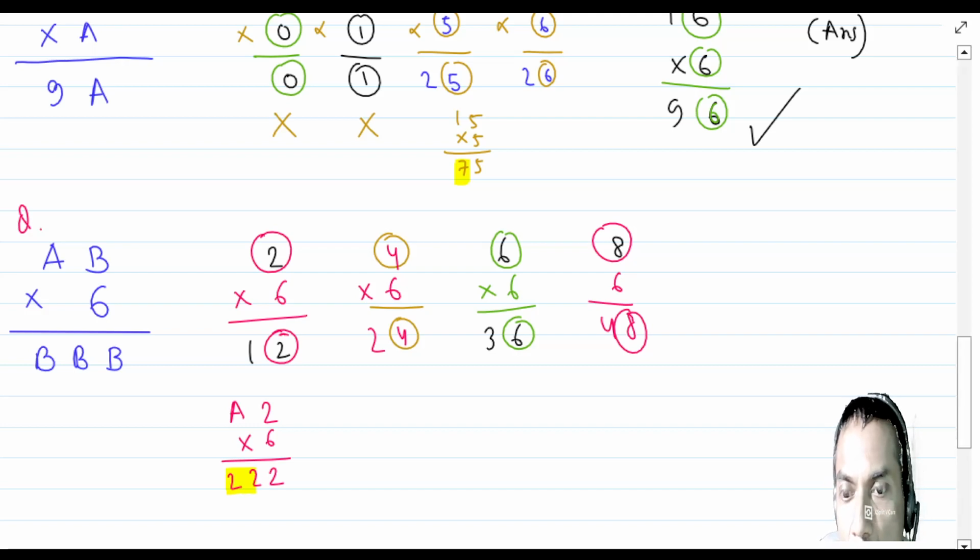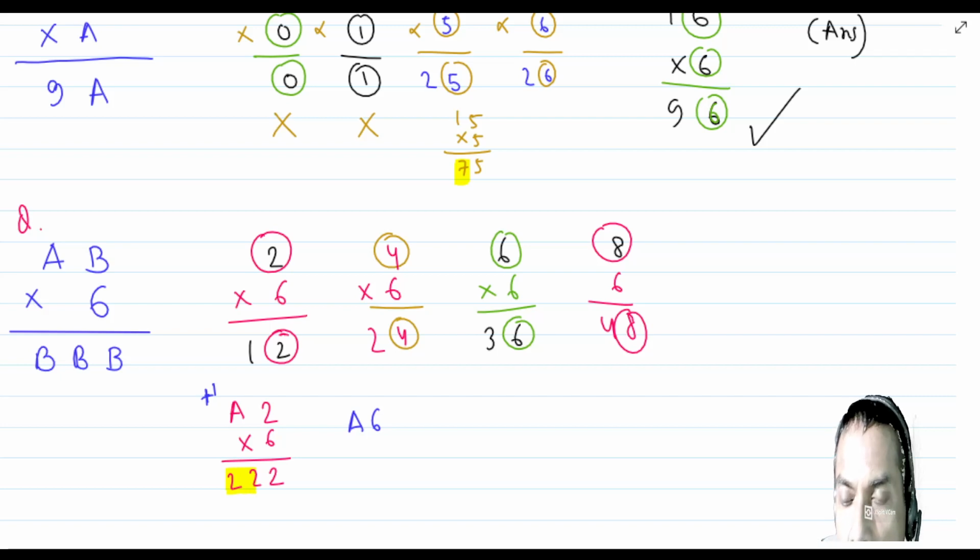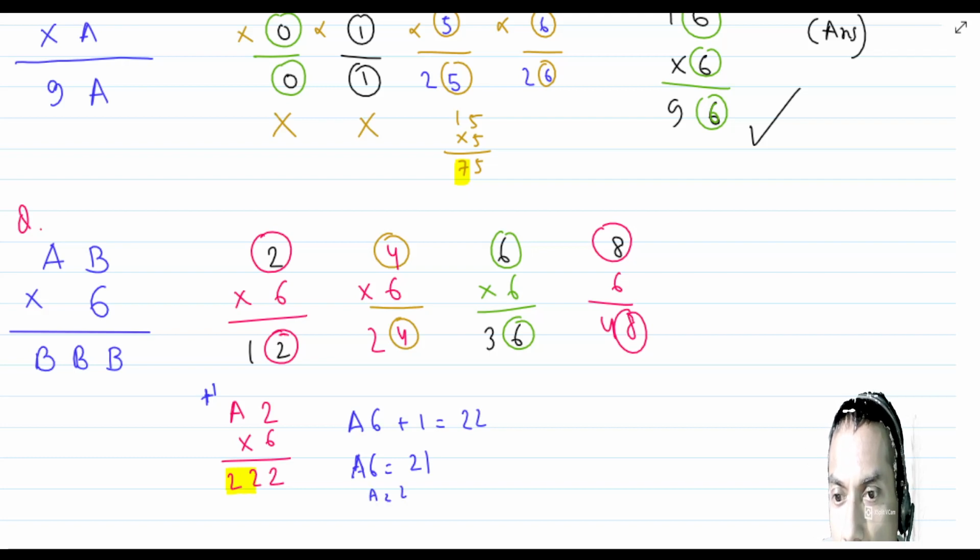So 6 into 2 is 12, and carry forward 1 here. So if we multiply A into 6 and add 1, we get the value 22. So here we never get any whole number for A. A into 6 is equal to 21. It's not divisible. So A is equal to 21 by 6, not possible.